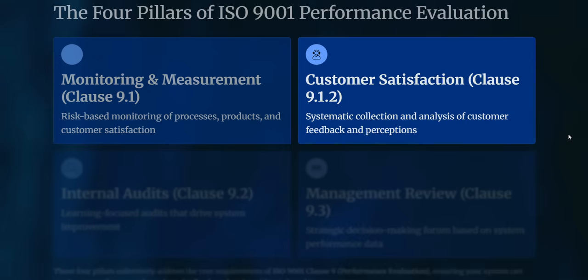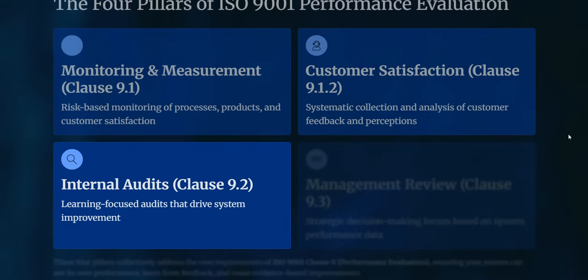Then the second pillar of ISO 9001 performance evaluation is customer satisfaction, clause 9.1.2, and this must cover systematic collection and analysis of customer feedback and perception. Then the third pillar is internal audit, clause 9.2, which covers learning-focused audits that drive system improvement.